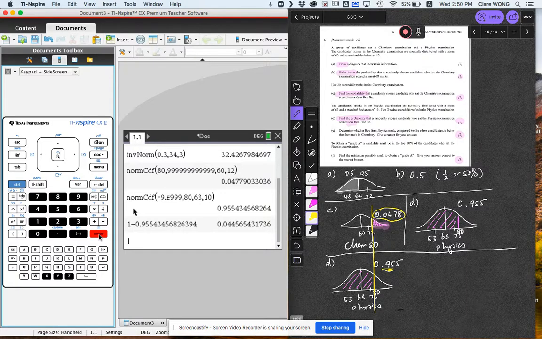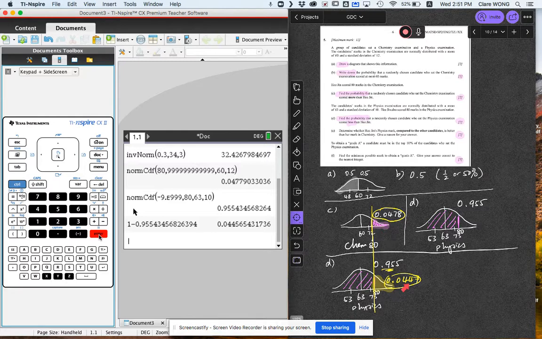For this tail area, you have 0.0447. So as you can see, big 7. The probability that you select someone doing the physics exam having a higher score than Hyun-jin is 0.0447, which is less than chemistry.